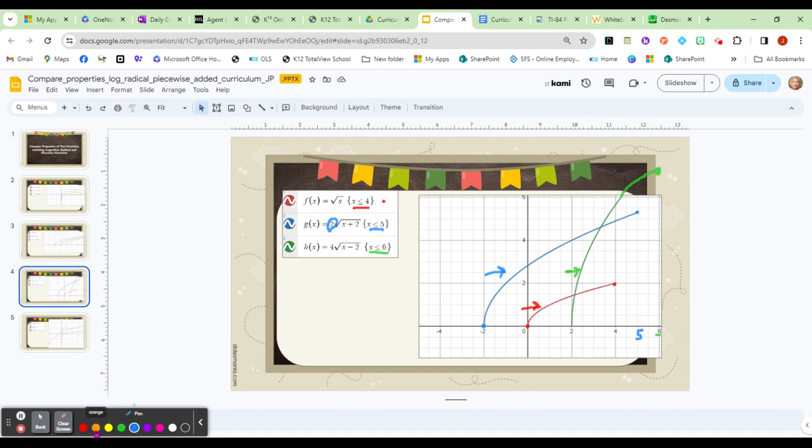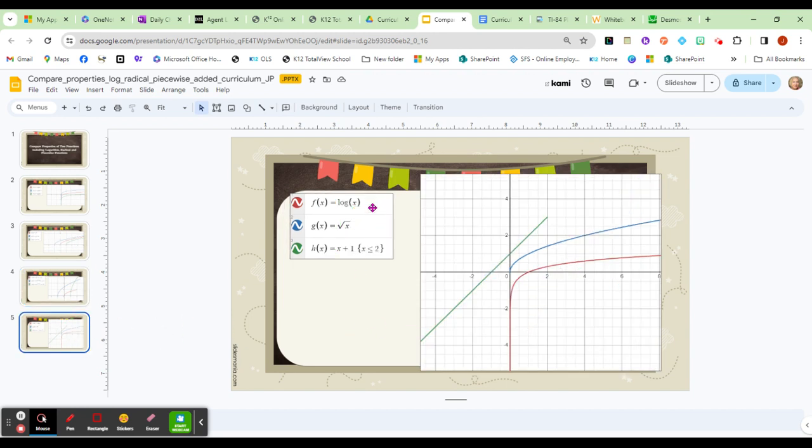So once the number is larger that's being multiplied times your function, if that number is greater than 1, that's going to cause a vertical stretch. If the number is between 0 and 1, it's going to cause a vertical shrink. And on that red graph, on the f of x, there's actually an understood 1 there. Meant for that to be in red. So comparing piecewise functions.